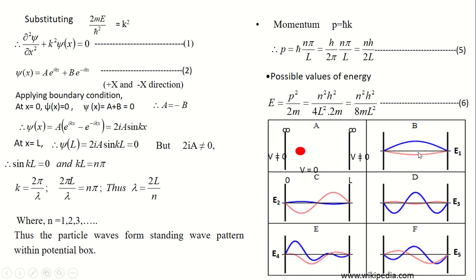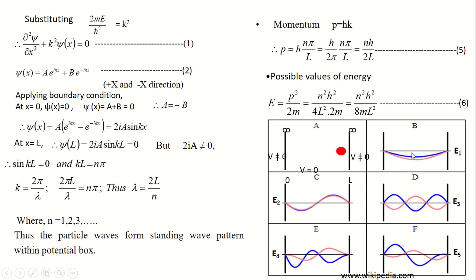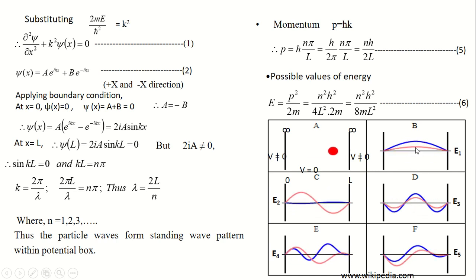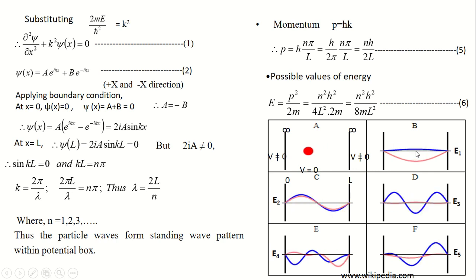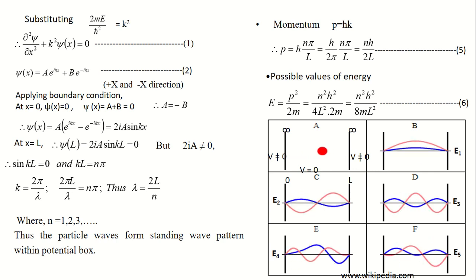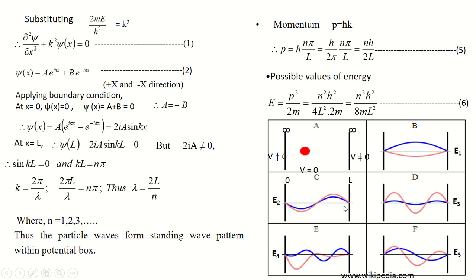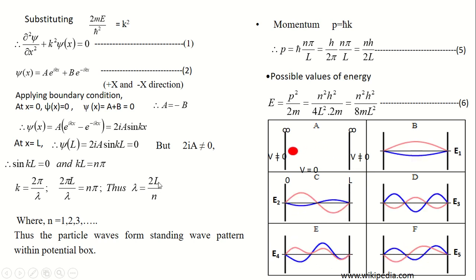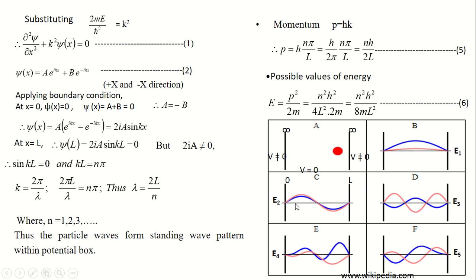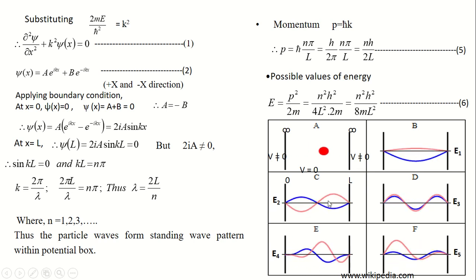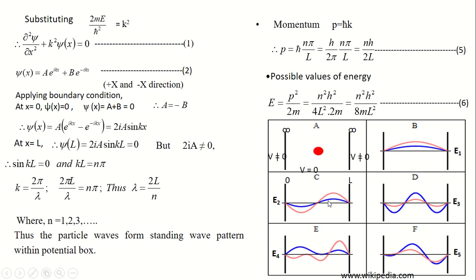And as at the center it has maximum amplitude, the probability of finding the particle at the center is maximum when energy is h square upon 8mL square. When n is equal to 2, lambda is equal to L, so L is equal to lambda, and energy becomes h square upon 2mL square.